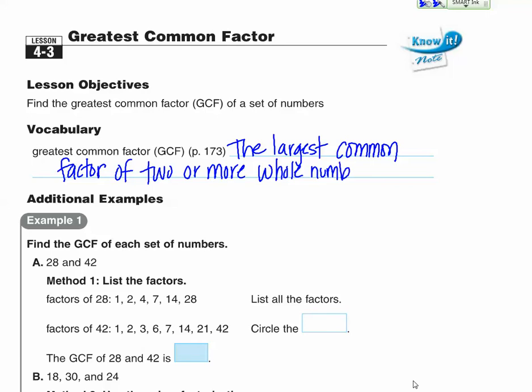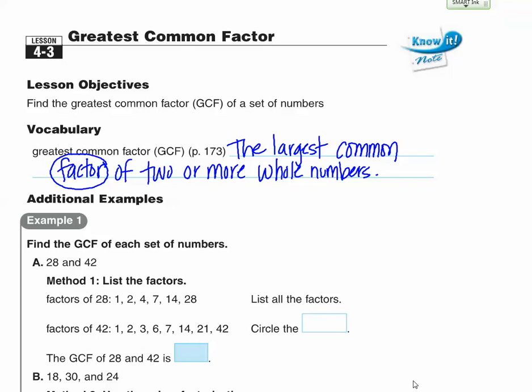Go ahead and pause me if you need to get caught up, but the greatest common factor, or GCF, is the largest, there's that greatest word, common factor, where factors are numbers that multiply together, of two or more whole numbers. It's the largest factor that two numbers have in common.